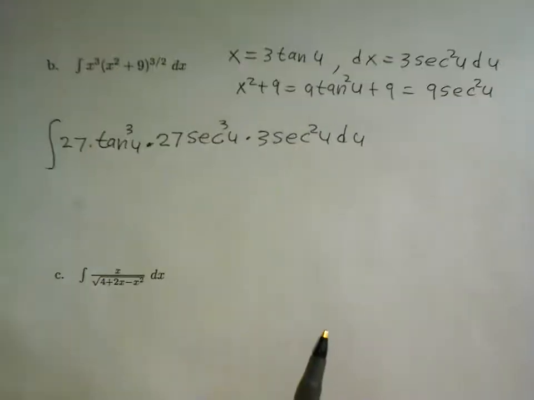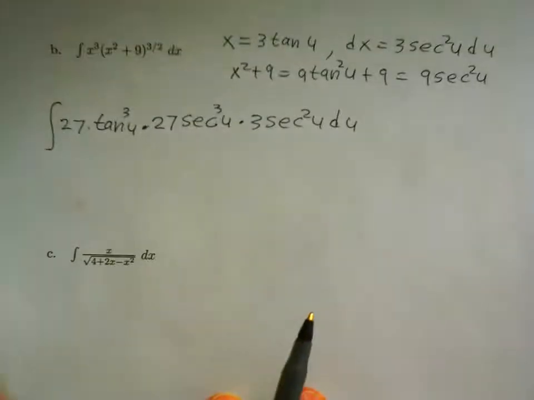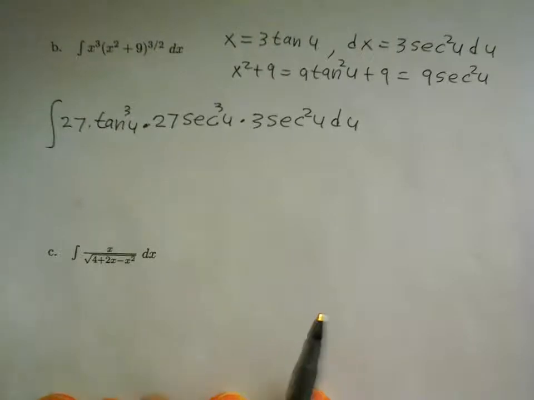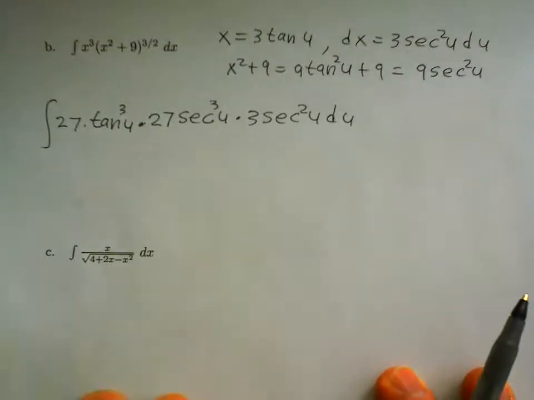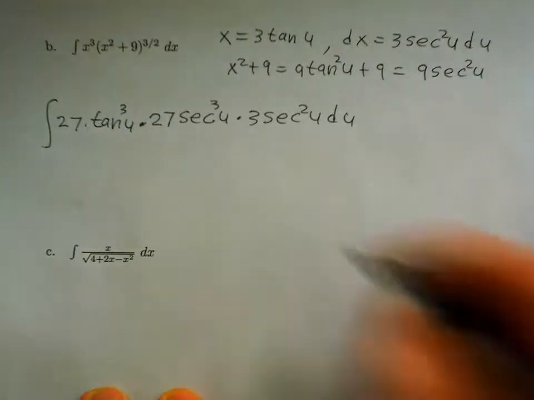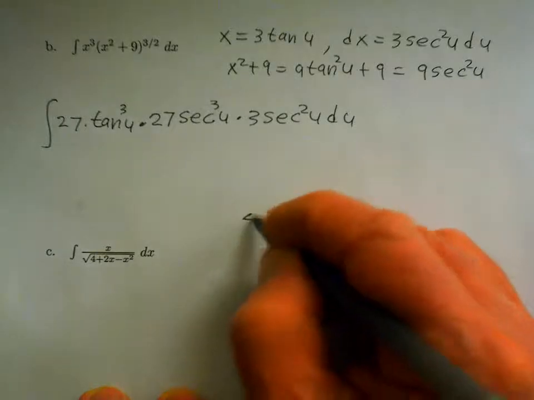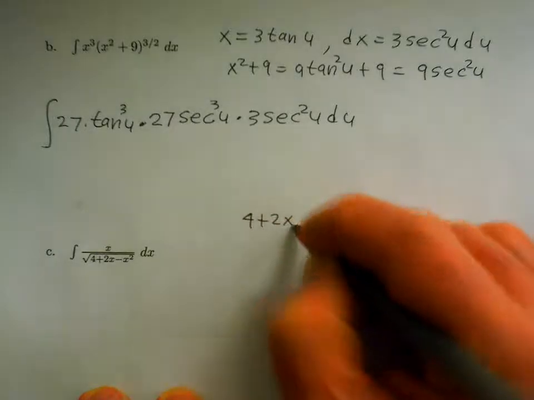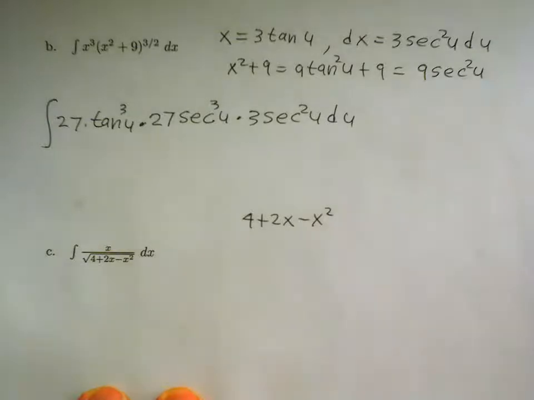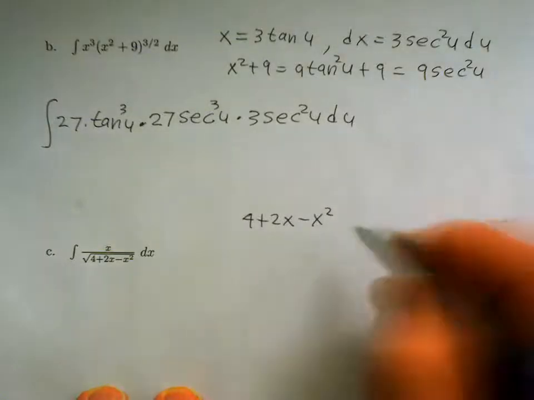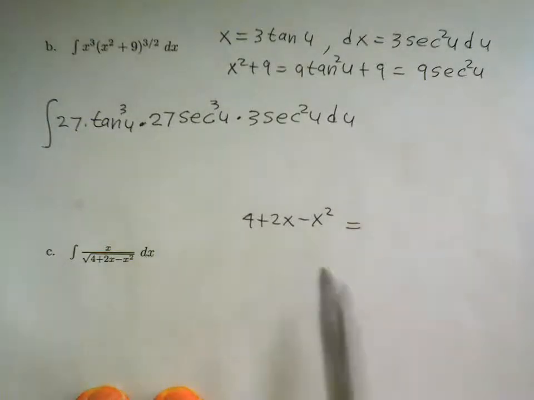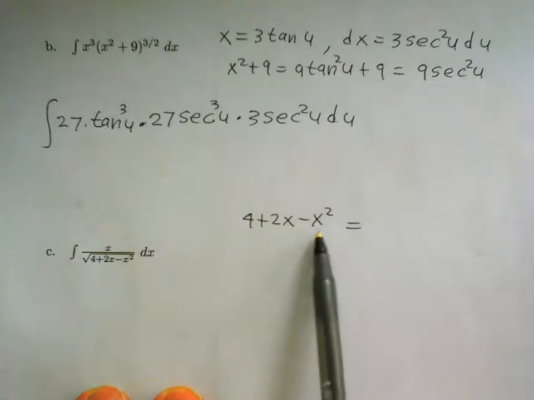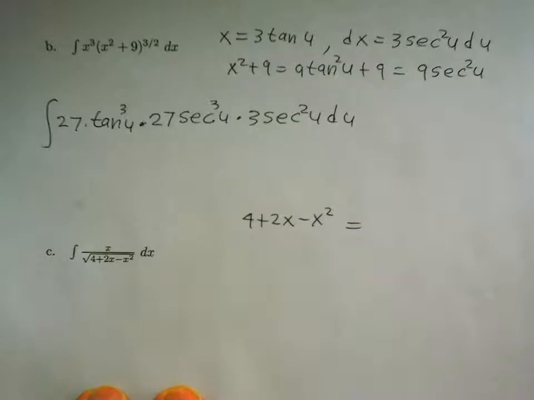So on this one, we need to do some preliminary work in the denominator. Inside the square root, we have 4 plus 2x minus x squared. And we're going to complete the square on the x squared term and the x term.